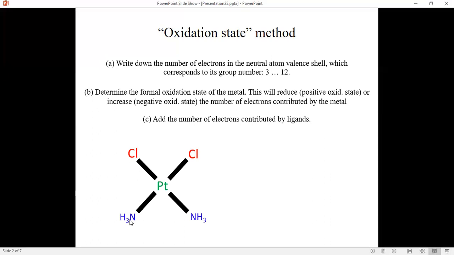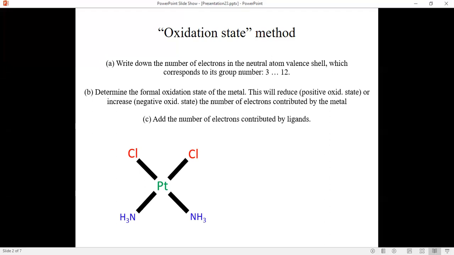In this case, we really treat our complex as a species in which we have only dative bonds, where the ligand contributes all the electrons that are being used for bonding. Then we look at what the charges at the ligands are.